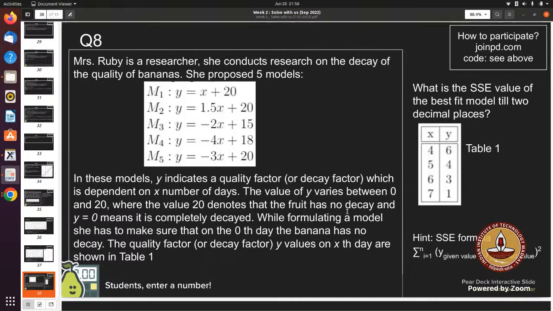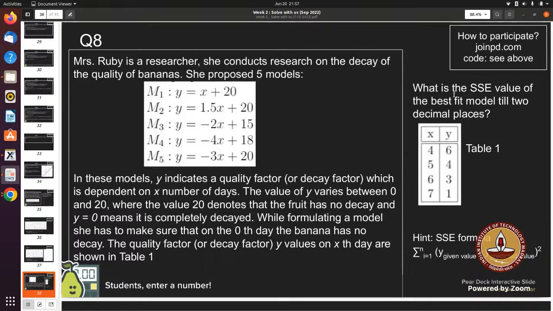So you know your model is actually M5. Now you just have to calculate SSE, nothing else. You don't have to calculate for M1, M2, M3, M4. You just have to calculate for M5 because we are asking what the SSE value is. Is it clear? So in exam, if you see this type of problem and you directly start calculating SSE for all, it will take a lot of time. But actually, you don't have to do it.